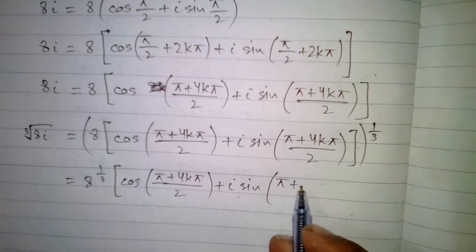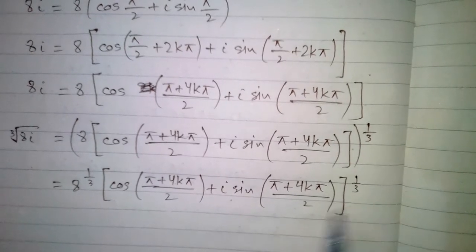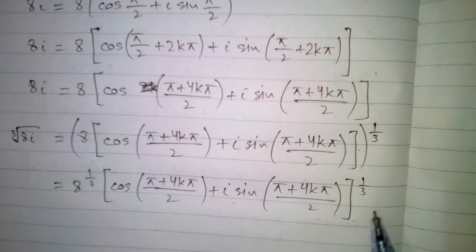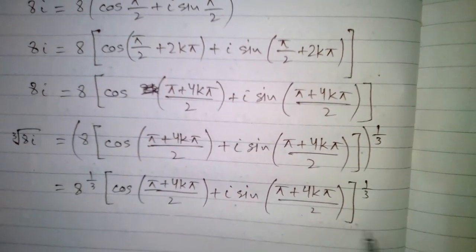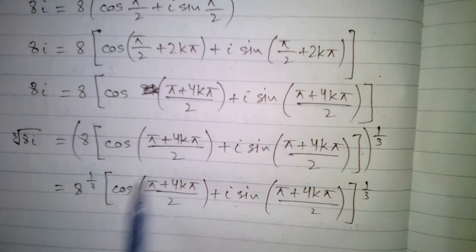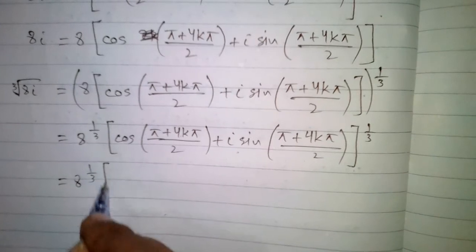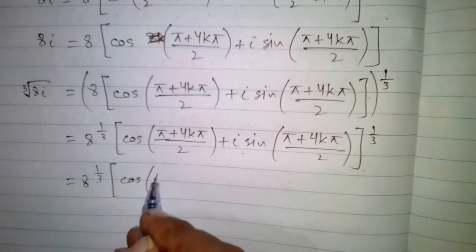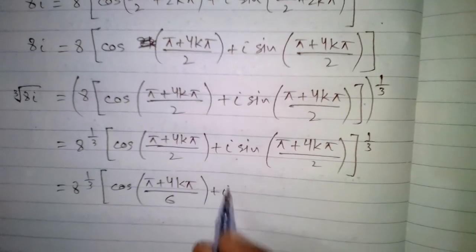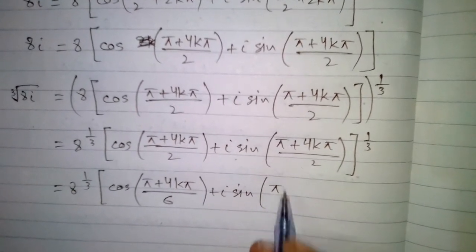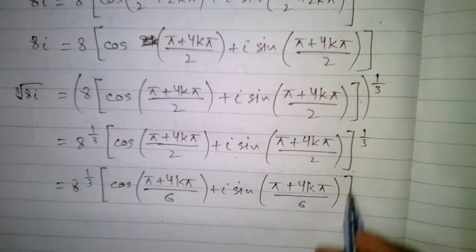Now here we can apply the De Moivre's theorem, so that this power will become the coefficient of this angle, or we can multiply this power by this angle. So we have 8 raised to the power 1 upon 3 multiplied by cos of pi plus 4k pi upon 6 plus iota sine of pi plus 4k pi upon 6.